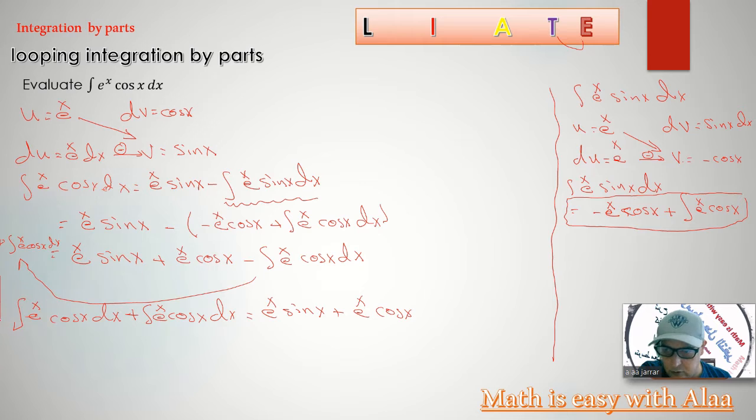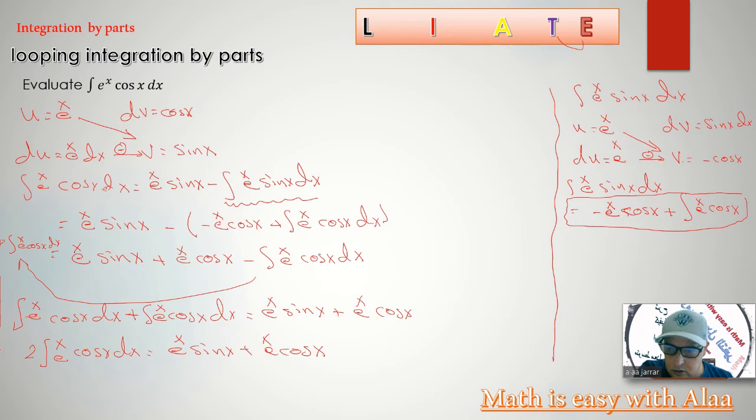Now here, the integral of e^x cosine x plus the integral of e^x cosine x means 2 times the integral of e^x cosine x dx equal e^x sine x plus e^x cosine x.